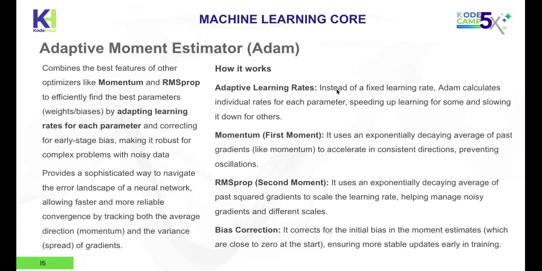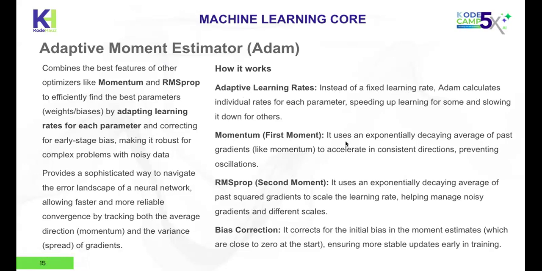So how does Adam work? First of all, instead of using a fixed learning rate, Adam calculates individual rates for each parameter based on the same technique that I just showed with RMS prop. So it speeds up learning for some parameters and slows down for others. So it uses two methods. The first is the momentum method, which is the first moment, like we said.